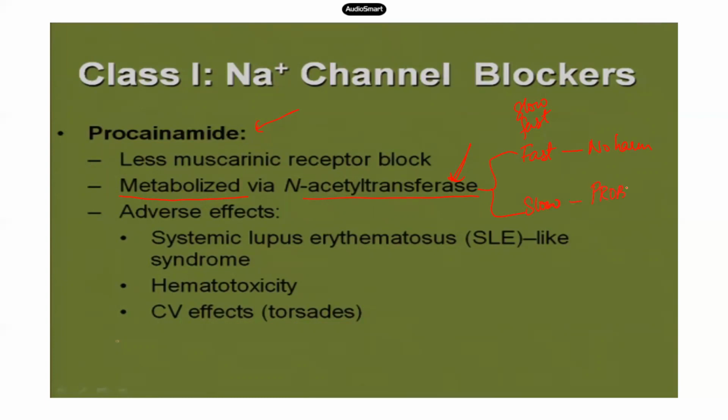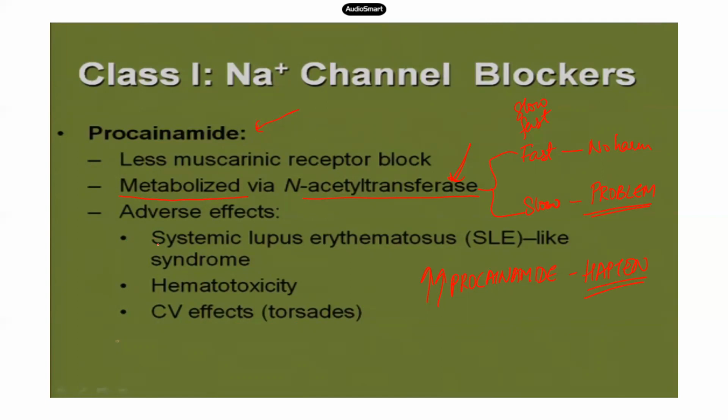Now, the problem here is that when a patient is a slow acetylator for procainamide, it will cause buildup of procainamide in the body. One important thing with respect to procainamide is that it is a very good hapten. That means it has the property of initiating reactions in immunity in the body. So when it initiates systemic immune reactions in the body, it is not good for our body.